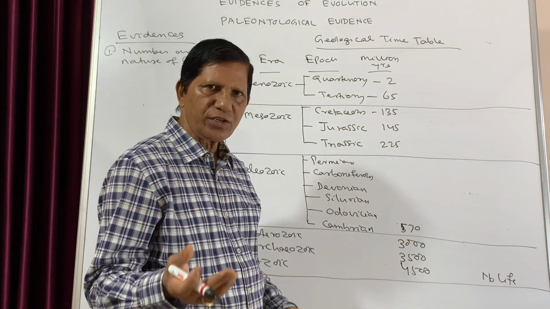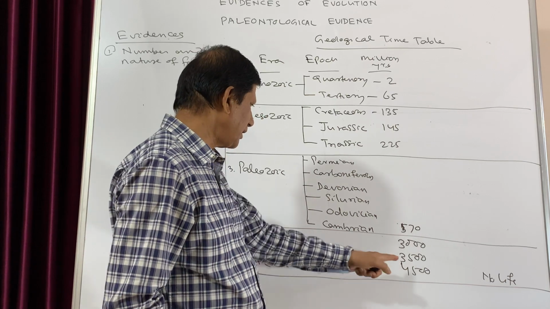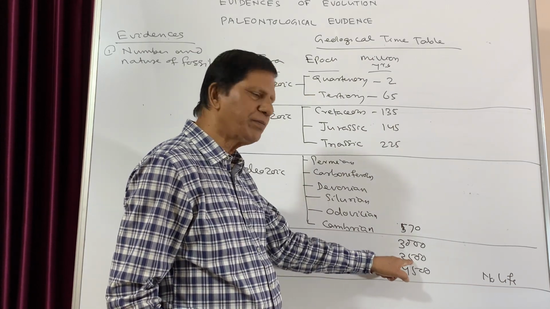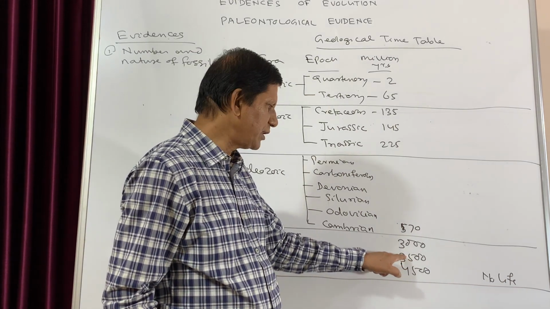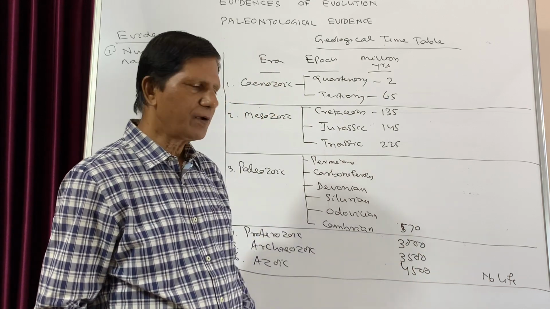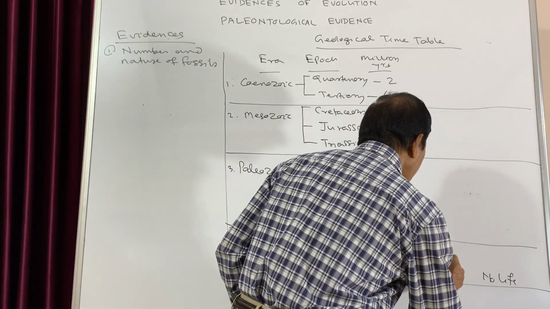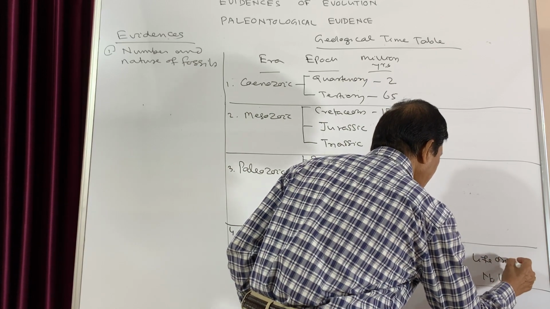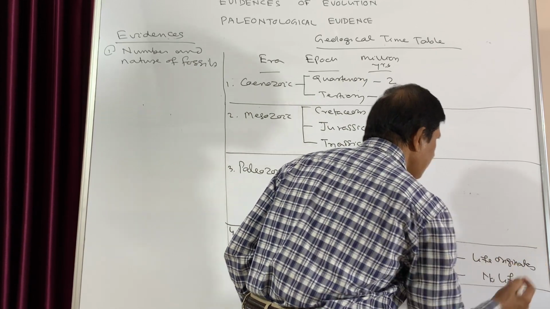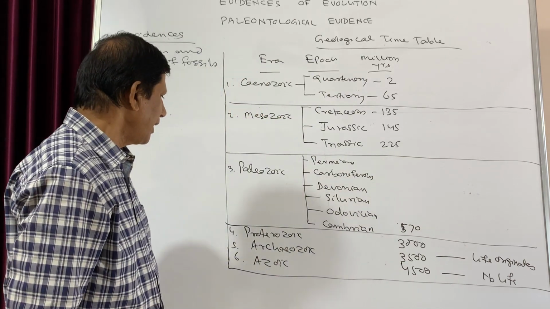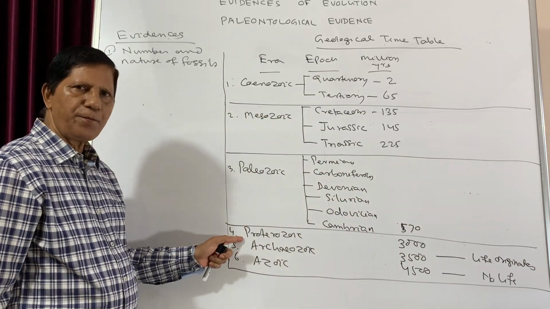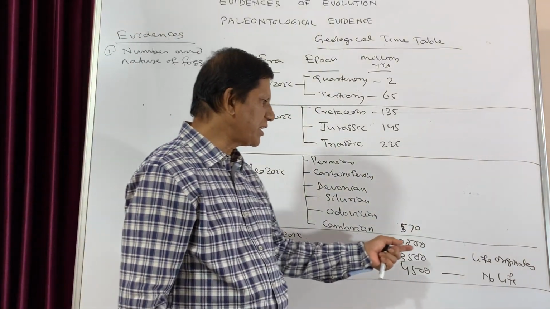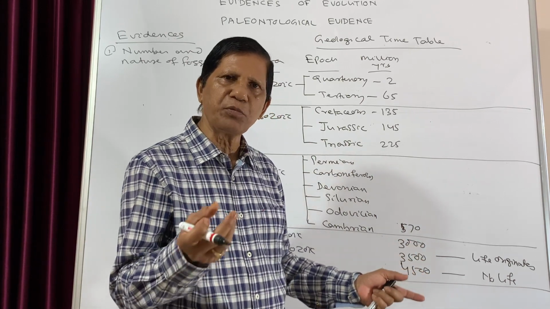As we have discussed in the earlier videos, life originated only 3.5 billion years back. That means 3500 million years back. So in this period only life originated. And the first life originated was only some prokaryotes. Then come to the Proterozoic. In Proterozoic there will be only some primitive forms like the prokaryotes.